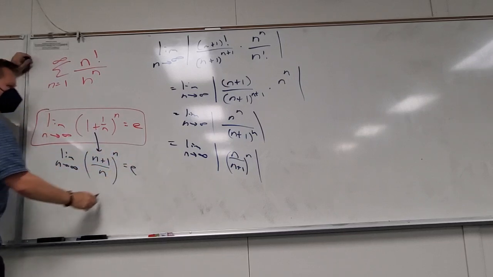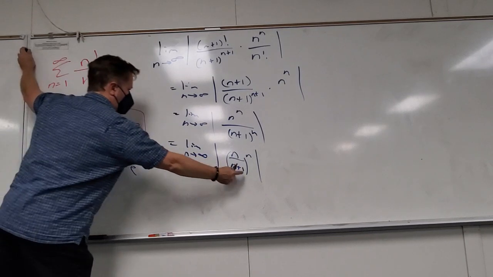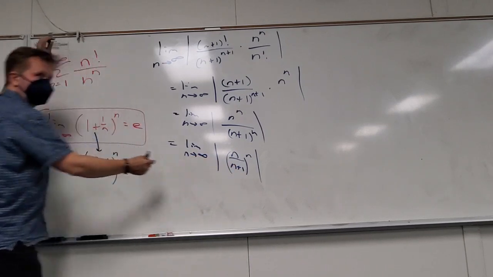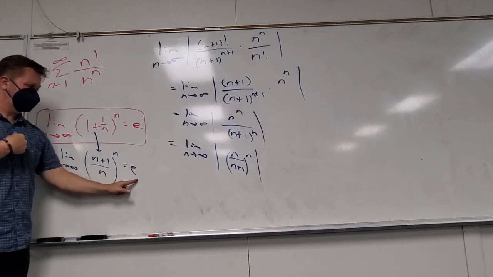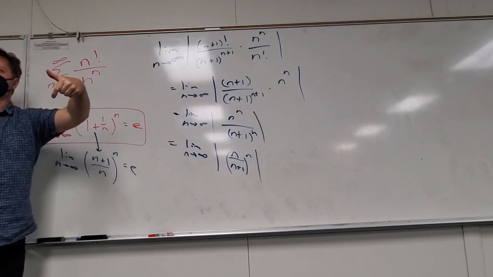And that limit is e. How does this relate to that? It's 1 over it, right? So if this limit is e, that limit is 1 over e.